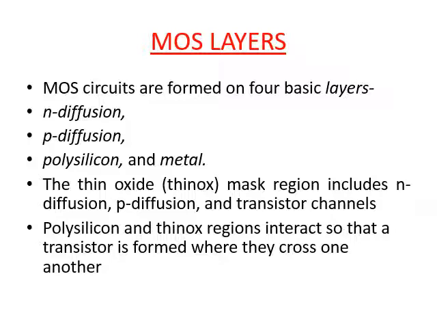So whenever polysilicon crosses the thin oxide region, either P diffusion or N diffusion, then there is a formation of a transistor or the MOSFET. That is, a transistor is formed where they cross each other.